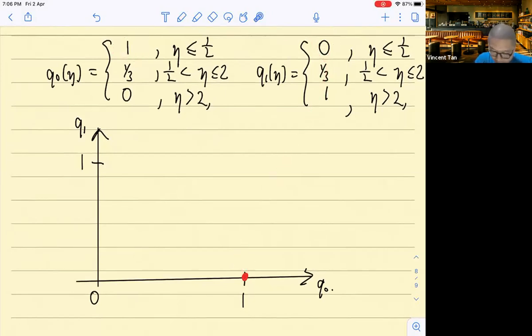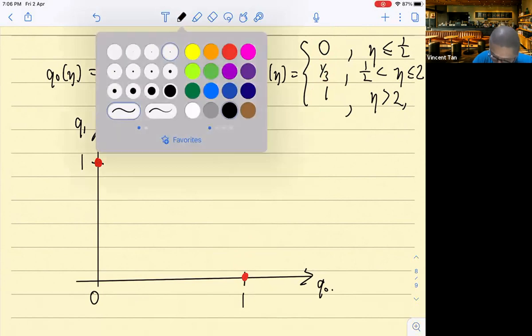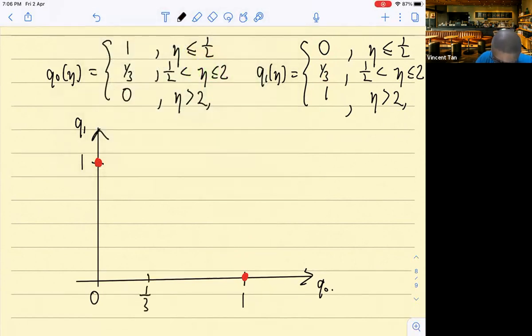For the last one, we have this point here. And we have 1/3, 1/3, so this is probably 1/3 here and 1/3 here. We have another point, which is this point here. Hopefully this is nice. So this is what we have.